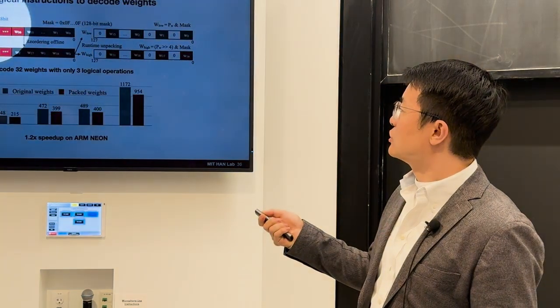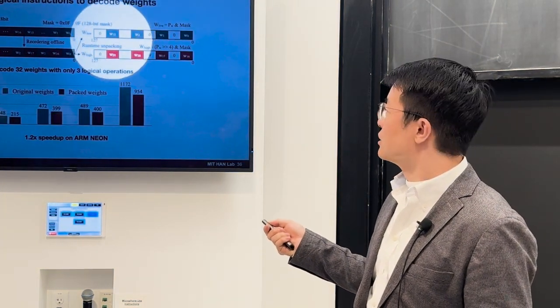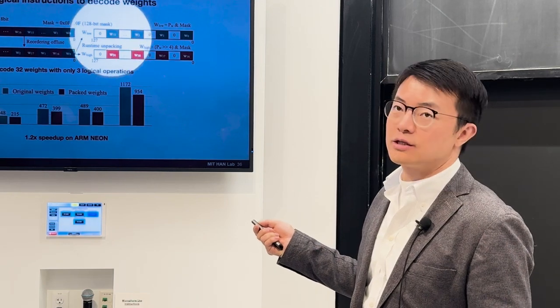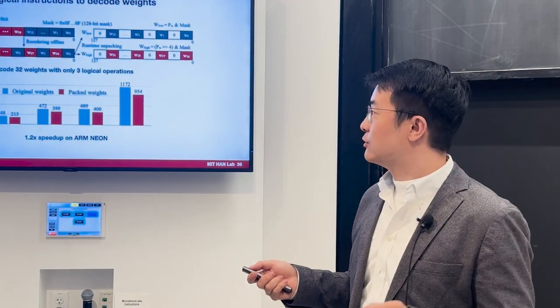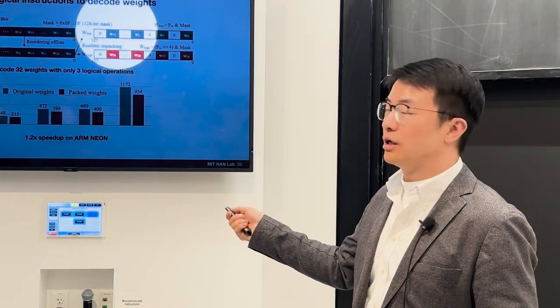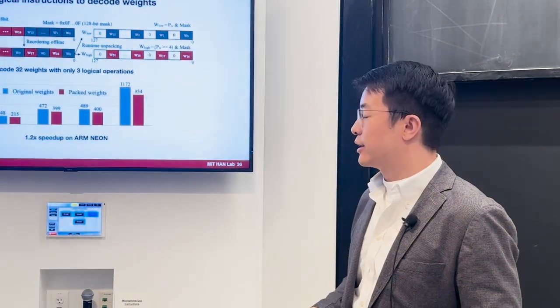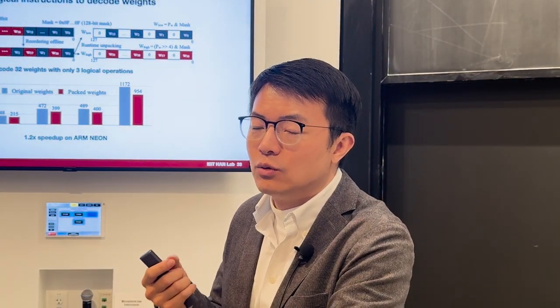So this is the original weight, the weight we want to process. Every 2 boxes indicate a byte, and each rectangle represents 4 bits. The motivation here is that we want to easily decode the packed weight.